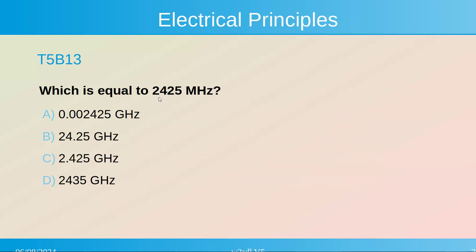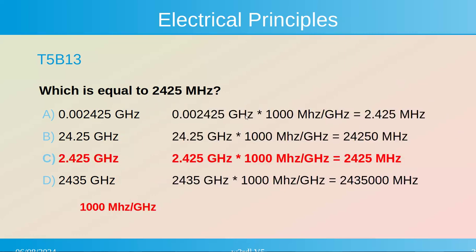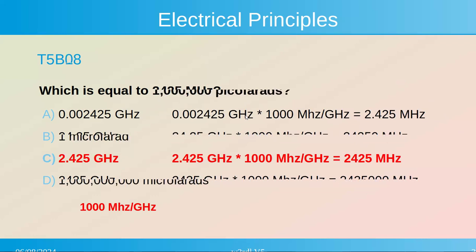So that's 2.425 gigahertz. There you go. Cell phone frequency.